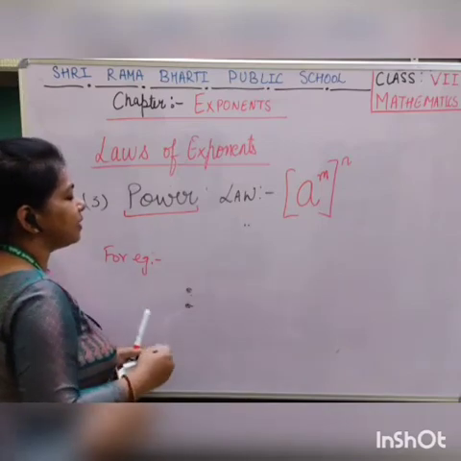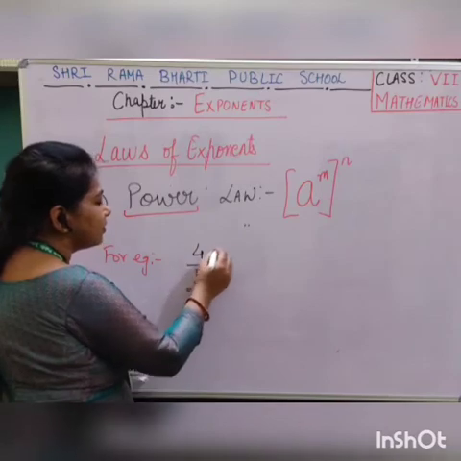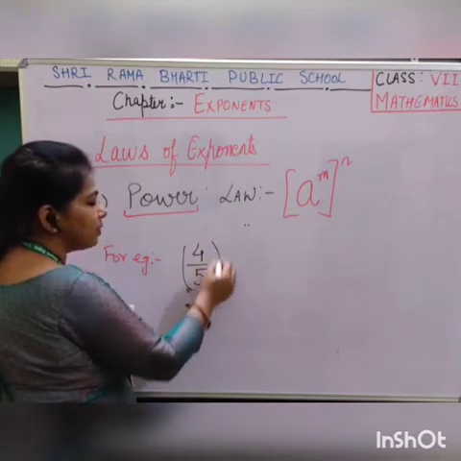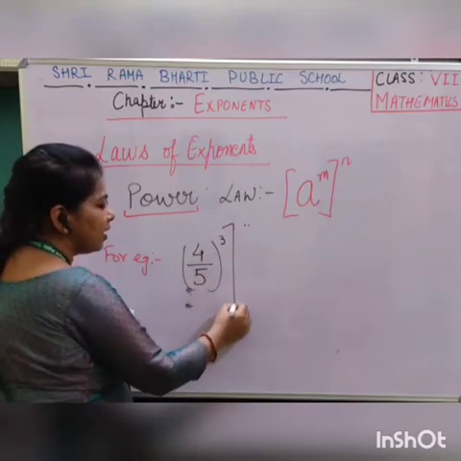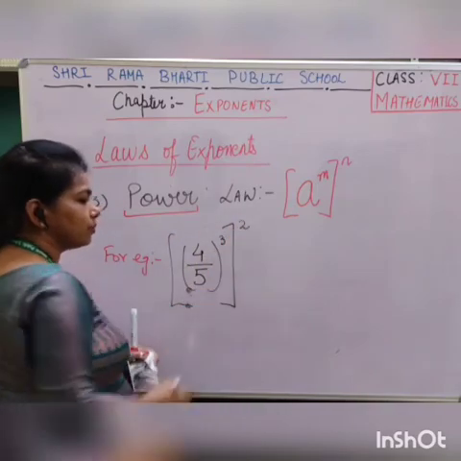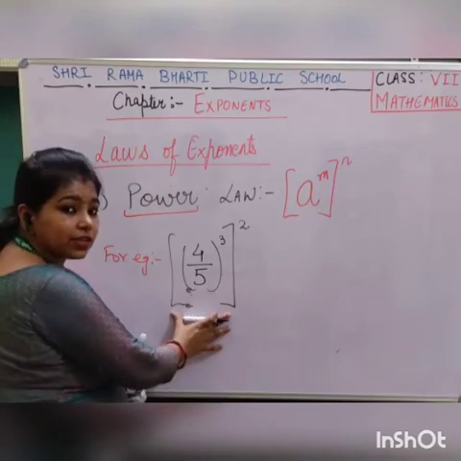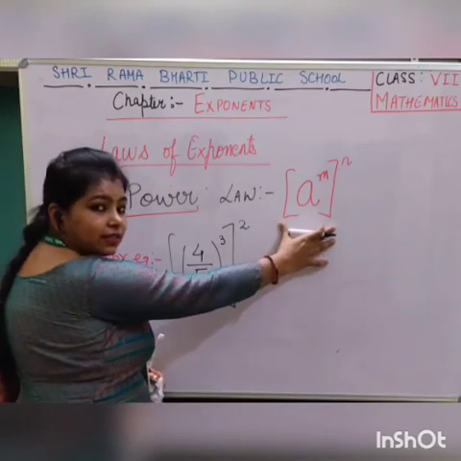Just see the example here: 4 upon 5 whole raised to the power 3 and then again whole raised to the power 2. So here we can see this is the same structure as we have seen here, right?